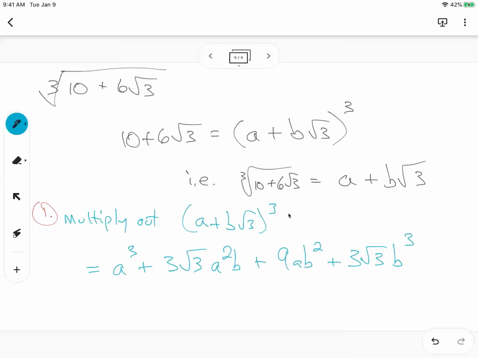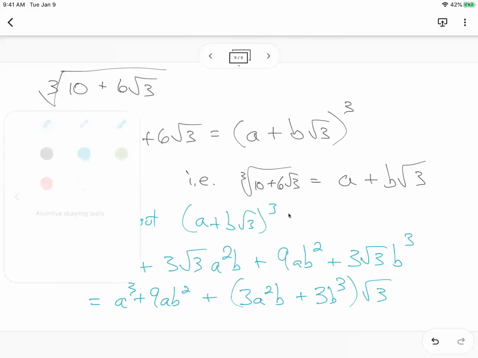Rearrange. In essence, I'm pulling the two terms with the radical off to the side here, times root 3.